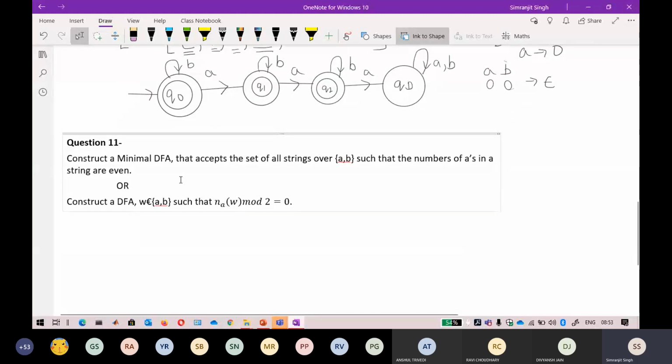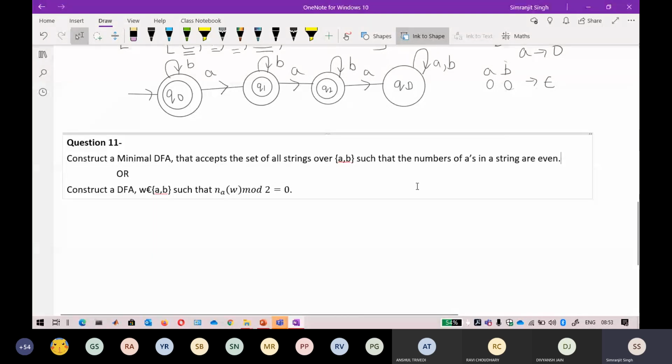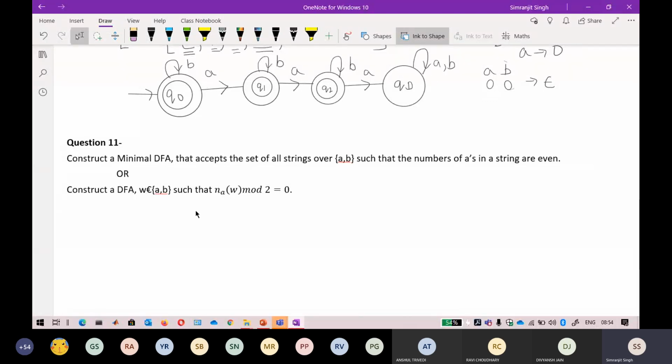In the previous one, we took care of the length of the string to be even. Now here we want the number of a's to be even. So the number of a's in w, where w belongs to the input alphabet a and b, mod 2 is 0. It means we want the number of a's to be even here. Okay, so just try it. I think it is very easy.